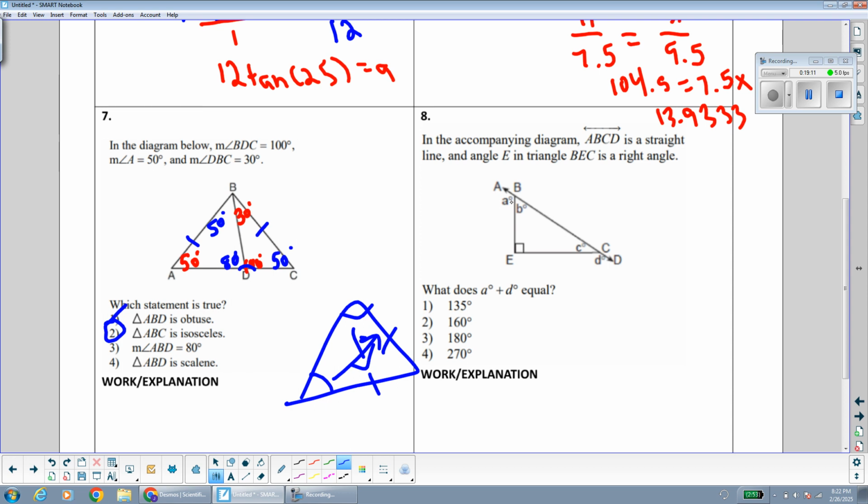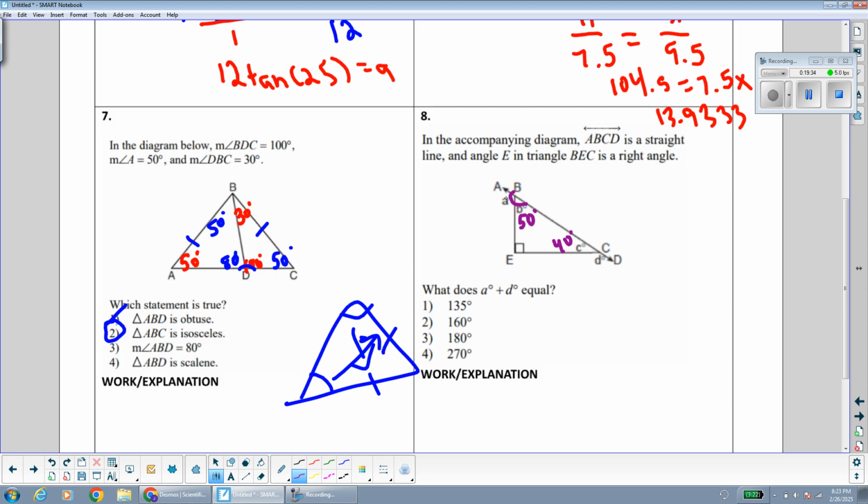What does angle A plus angle D equal to? Let's use made up numbers as an example. That's what I like to do. I'll just give this a fake value, 50 and 40. That makes 90. 90 plus 90 is 180. So that's a real triangle value. These are supplementary.